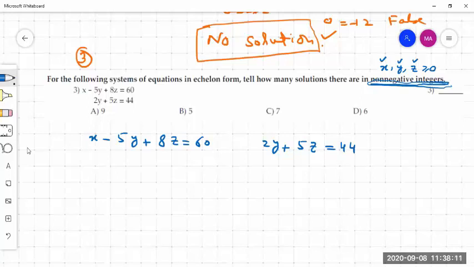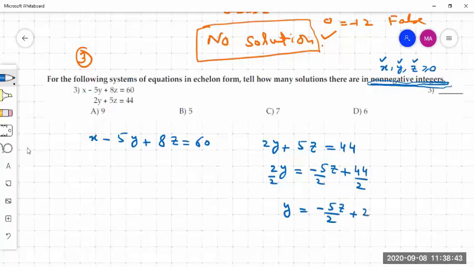So to do that, first of all, solve the second equation for y. So 2y would be equal to negative 5z plus 44. So divide by 2 on both sides. So you get y is equal to negative 5z by 2 plus 22, right?